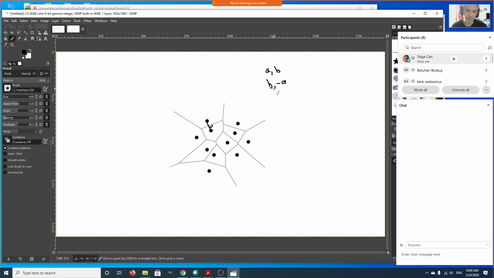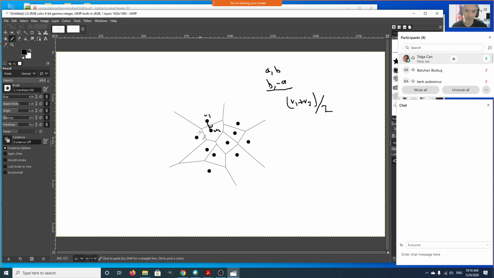And we also know a point on the bisector, which is the middle point. The bisector passes through the middle of these points. So the middle point between these two, if this one is V1 and this one is V2, will be V1 plus V2 divided by 2.